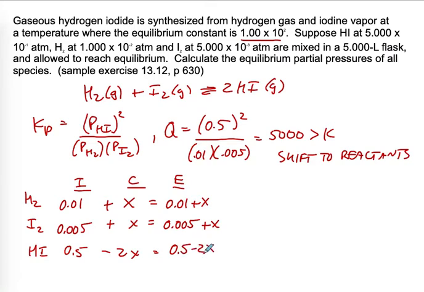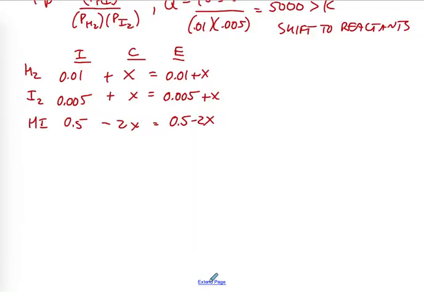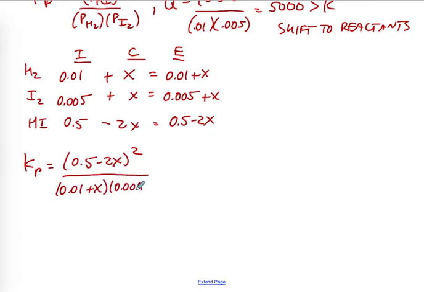Okay, so the next step, I will take these equilibrium partial pressures and plug them into the Kp expression. Kp equals (0.5 minus 2x) quantity squared divided by (0.01 plus x) times (0.005 plus x), equals 100. Now, because our initial partial pressures of hydrogen and iodine were not equal to each other, this is not a perfect square, and we can't simplify the algebra simply by taking the square root of both sides.